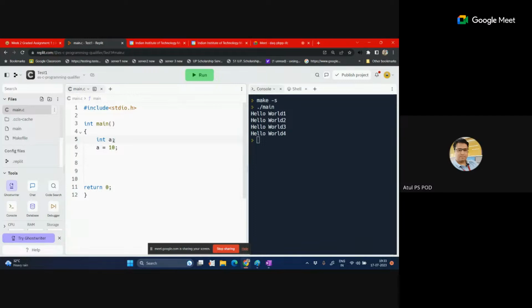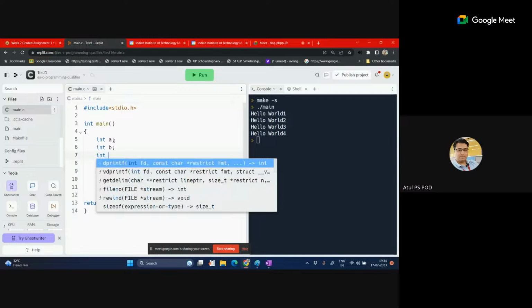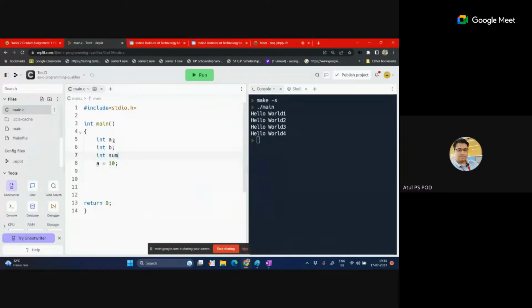Similarly, we can write int b, another variable declared. To store the sum of a plus b, we declare one more variable. The sum of two integers is an integer, so based on this you can define what type of variable you need. For the sum, you can give the name sum. This is the declaration part.